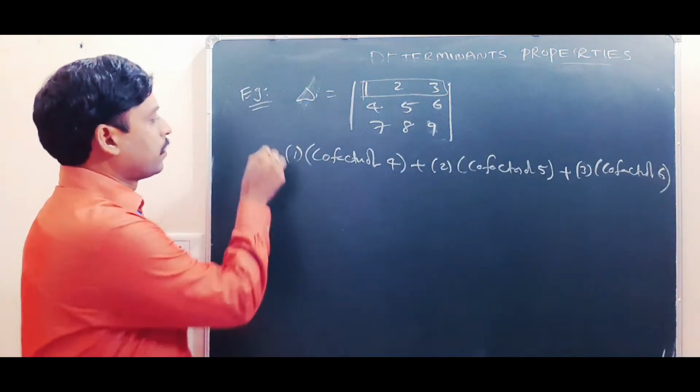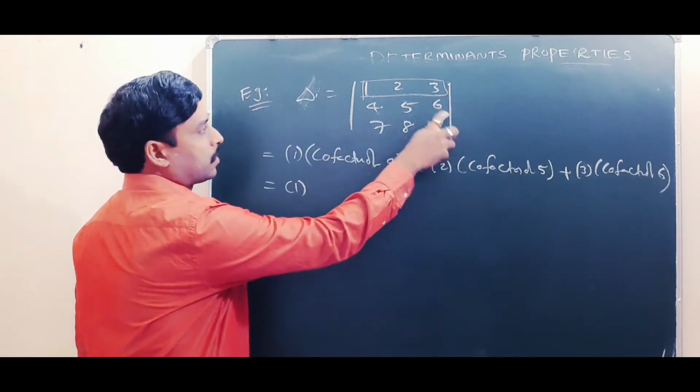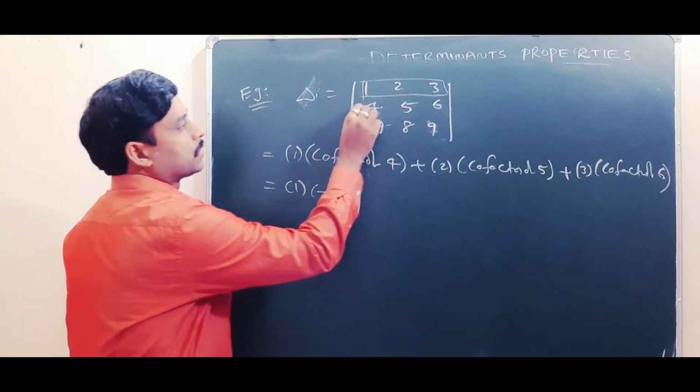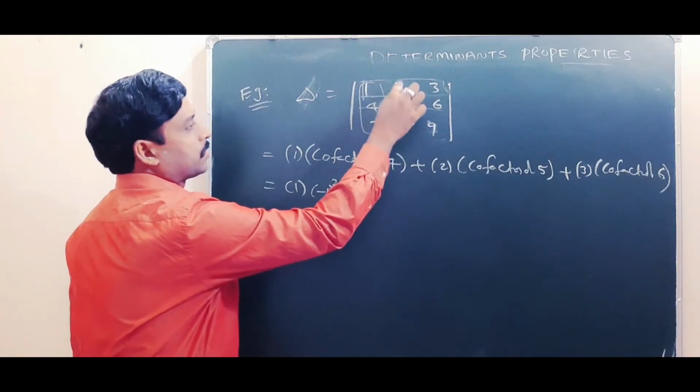So 1 into cofactor of 4: 4 is present in second row and first column, minus 1 power 2 plus 1 into, after deleting second row and first column, the determinant of the remaining elements 2, 3, 8, 9.